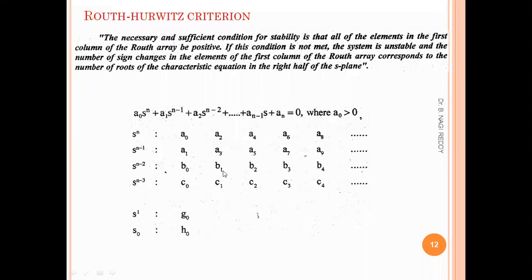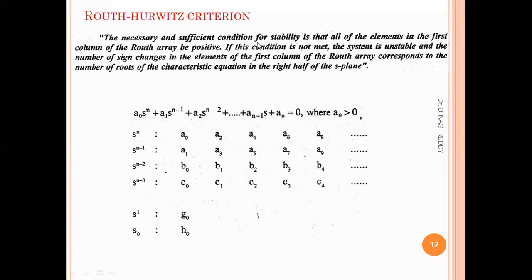You can see there are many columns and many rows. These rows and columns depend upon the characteristic equation and the order of the system, meaning the power, the value of n here, s power n. And this is the first column. Based on the first column only, we can determine the stability of the system with the Routh-Hurwitz criteria.